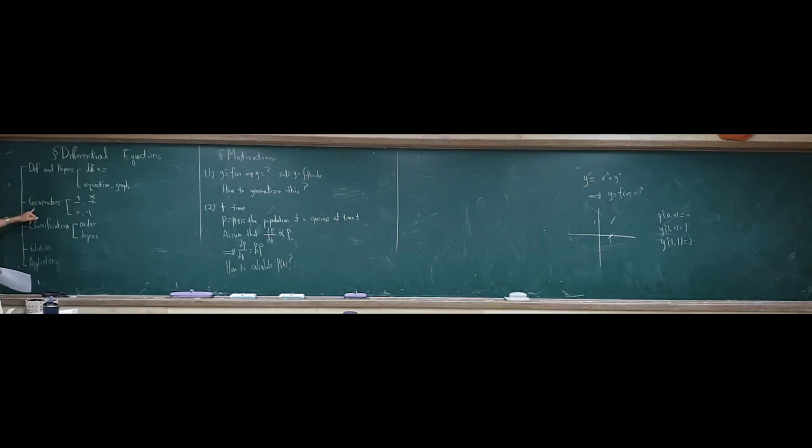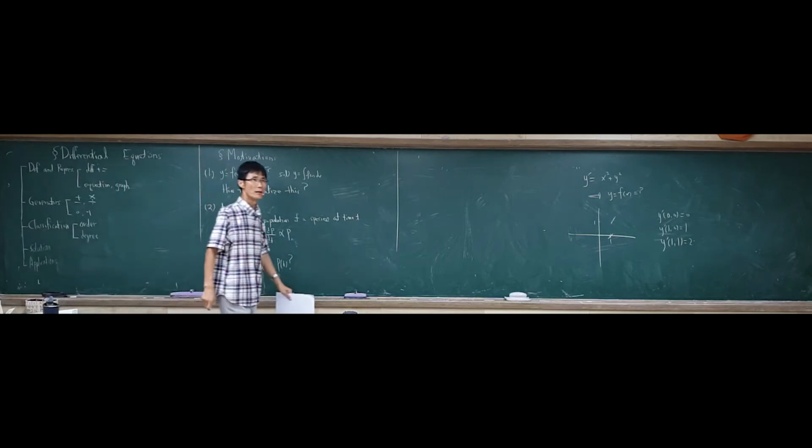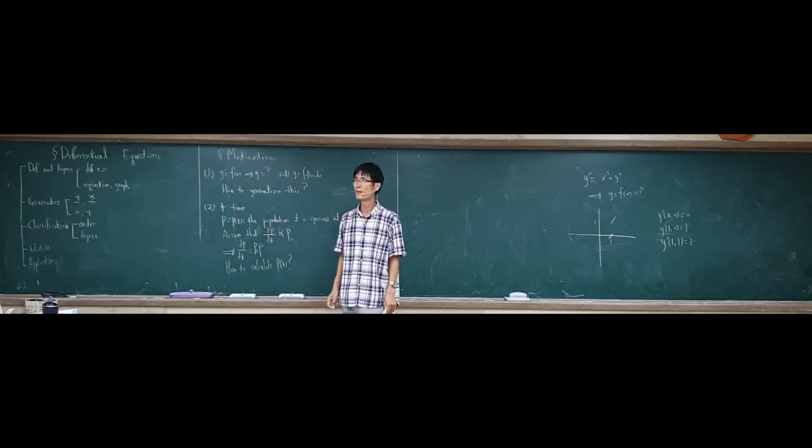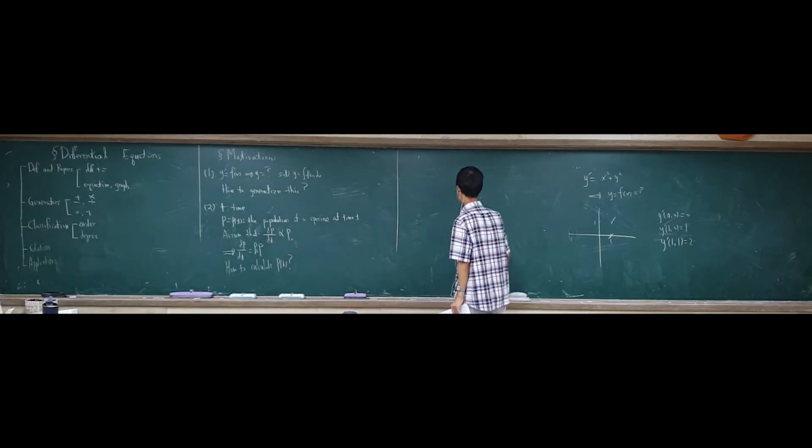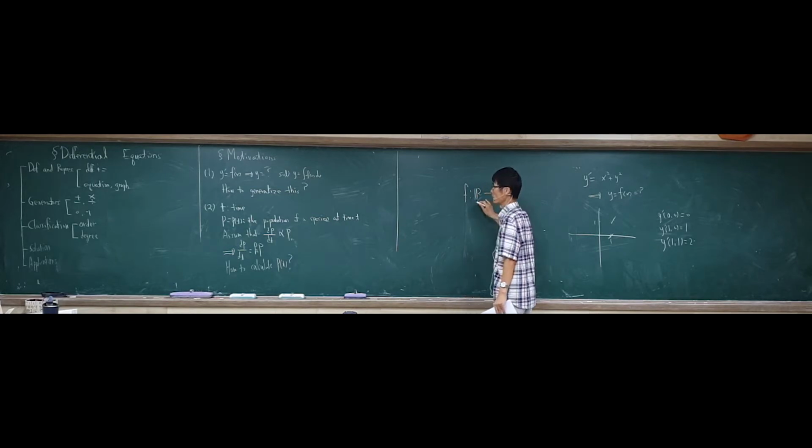And then we consider how to generate a differential equation. Actually, differential equation is involved with a function, and so we consider how to generate a new function from old function. A function is assumed to have a domain and codomain with the set of all real numbers.